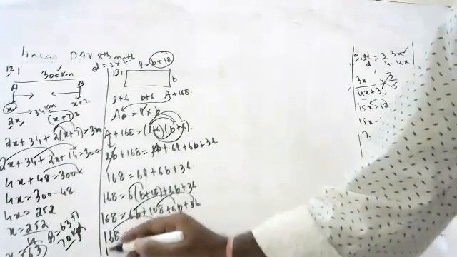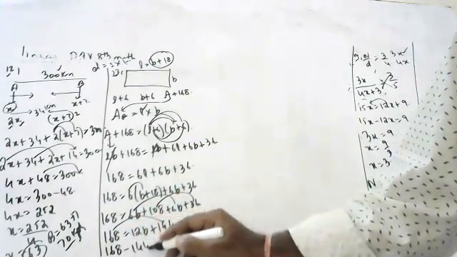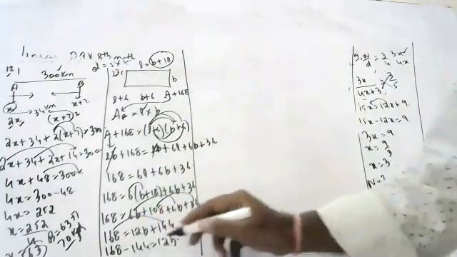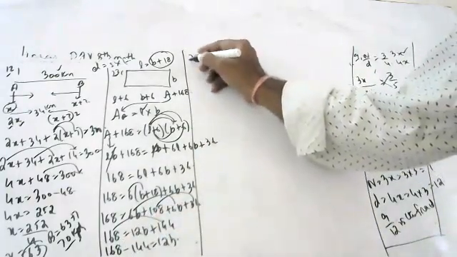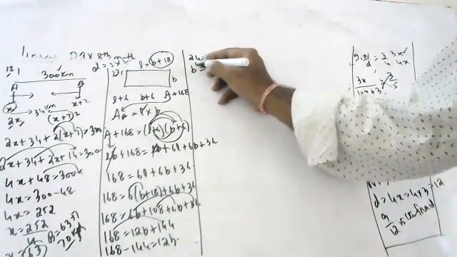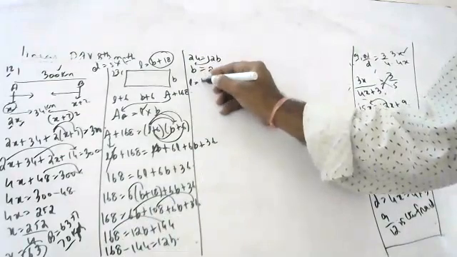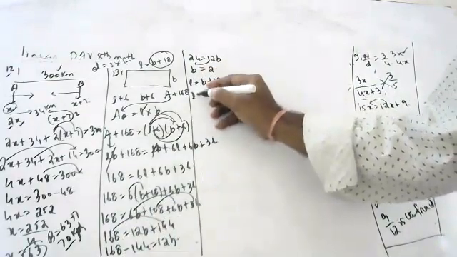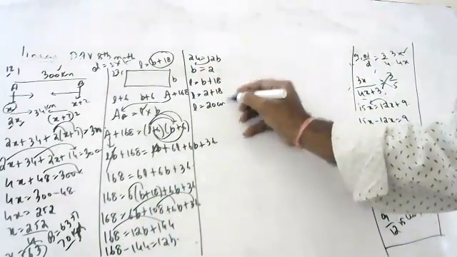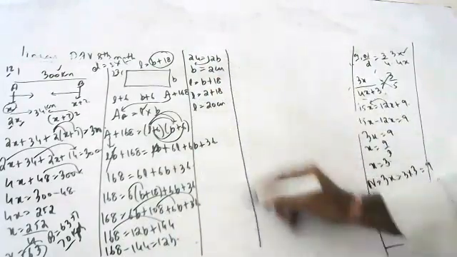Bring 144 here, 168 minus 144 is 24. B is equal to 2. Length is equal to 2 plus 18, that is 20. So breadth is 2 centimeters, length is 20 centimeters.